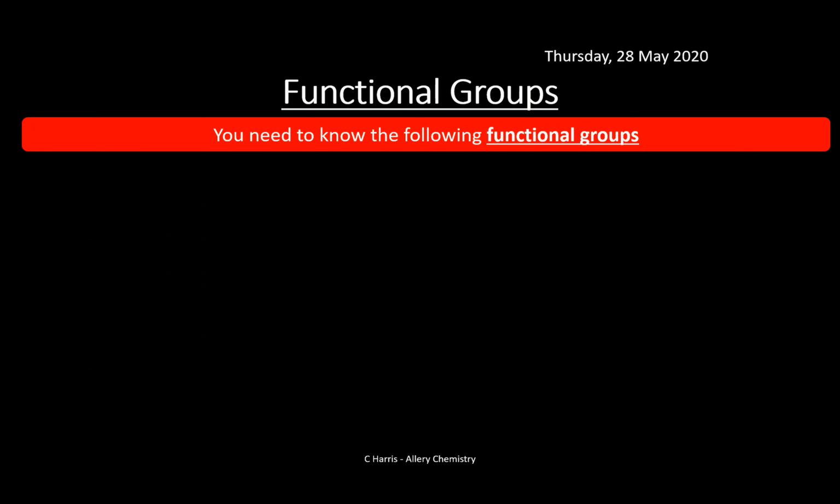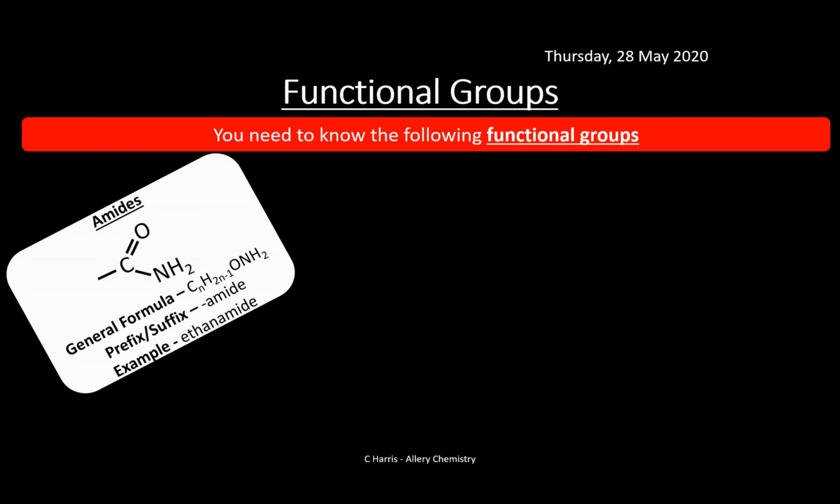Okay, so let's carry on. Let's keep carrying on looking at some functional groups. So amides, very similar to an amine, except they have a carbonyl group attached to it. So don't get them confused. So an amine is where you have an NH2 or an NH group, whatever it is. You can get primary, secondary, tertiary ones. But an amide is where we have a carbonyl group that's directly attached to the NH2 group here.